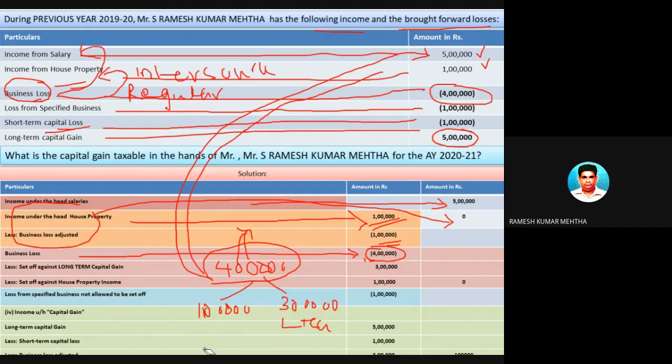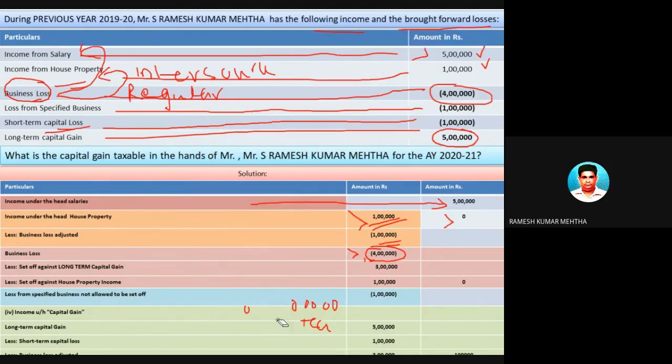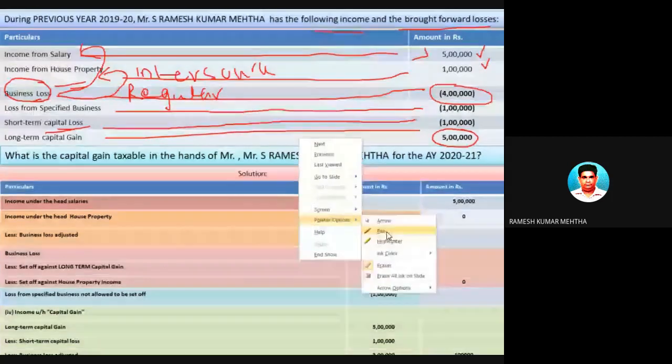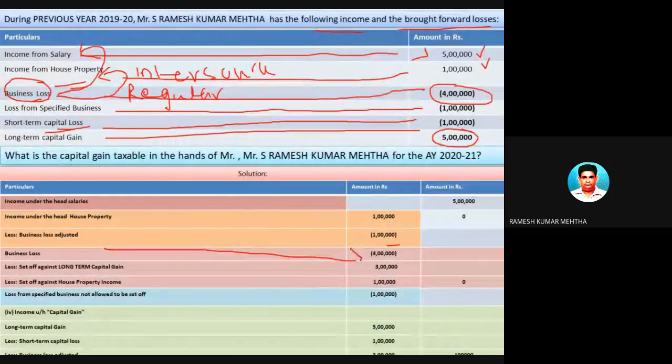Under inter source adjustments, let's do the problem from where we were left. So here the loss from business was 4 lakh rupees. This loss can be set off 1 lakh rupees against income of house property, and there was a long term capital gain to the tune of 5 lakh rupees, out of which 3 lakh rupees can be utilized for setting off the remaining amount of business loss.